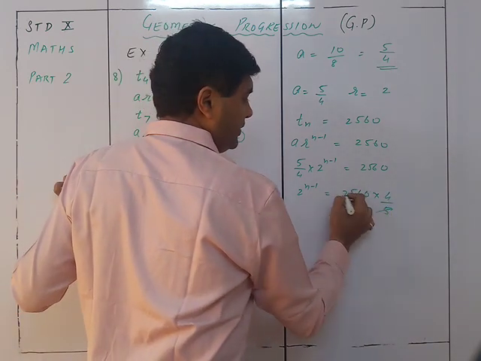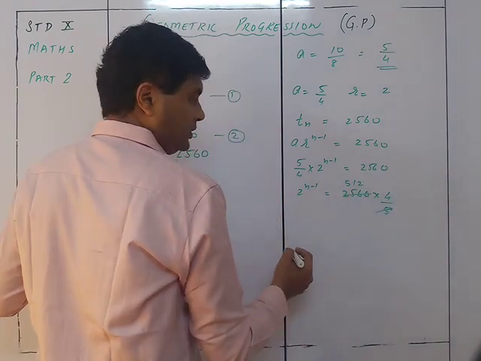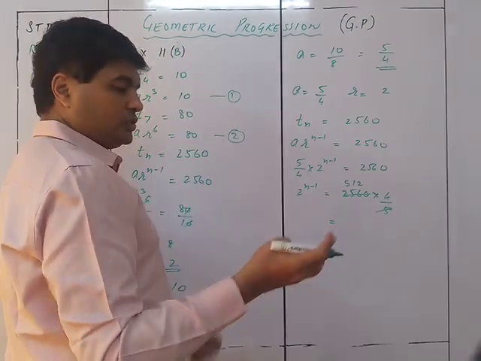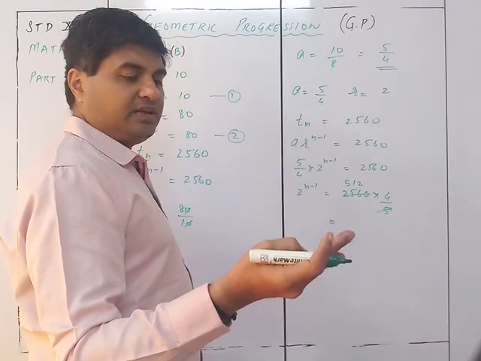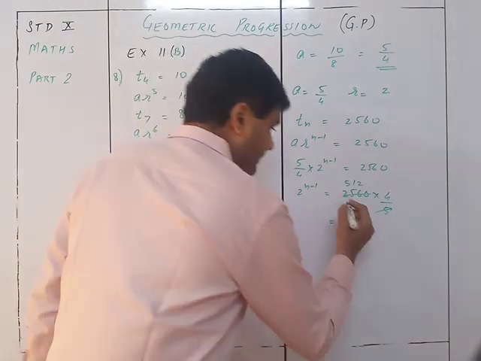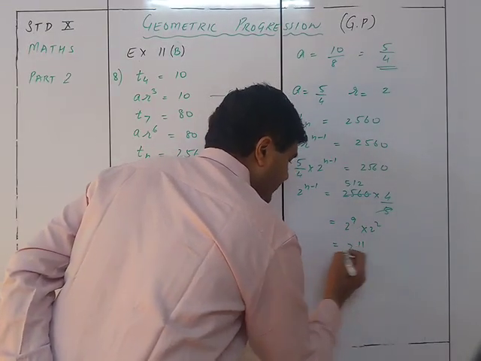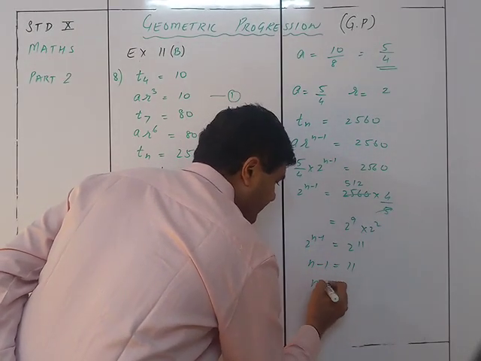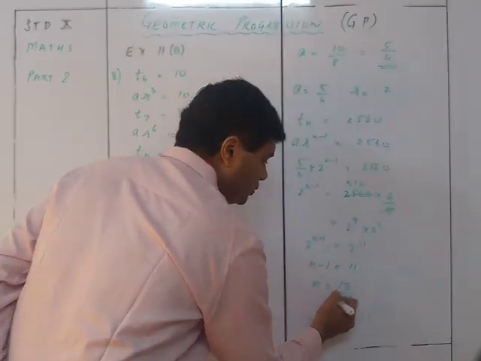So when I reduce this, it is 5, 1, 2 into 4. Now 5 and 256 is 2 to the 4, 8, 16, 32, 64, 128, 256, so that is 2 raised to 8 into 2 is 2 raised to 9. So it is 2 raised to 9 into 2 raised to 2, which is 2 raised to 11, is equal to 2 raised to n minus 1. Therefore n minus 1 is equal to 11, or n is equal to 12.